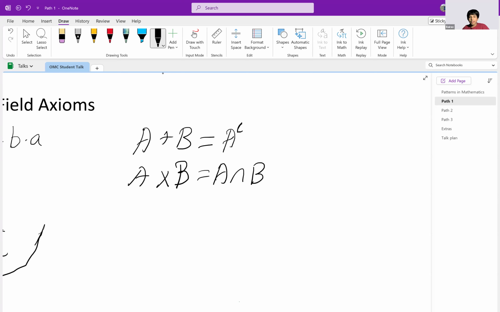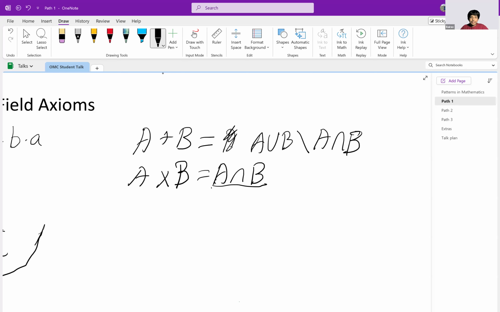But if you make it for all sets, which I guess you can, you take multiplication as the set of the intersection, and we take addition as all the elements which are in exactly one of them, or just A union B minus the intersection.